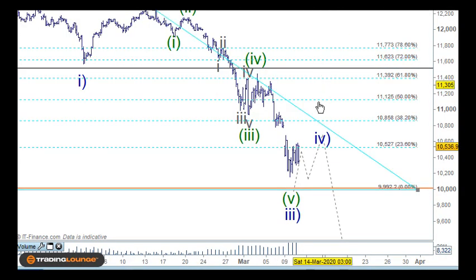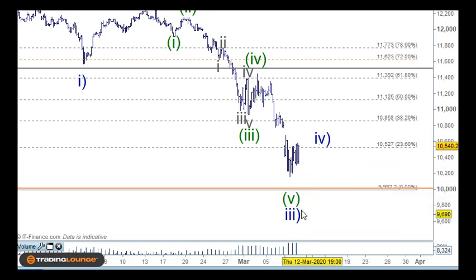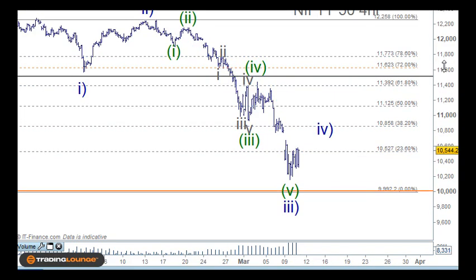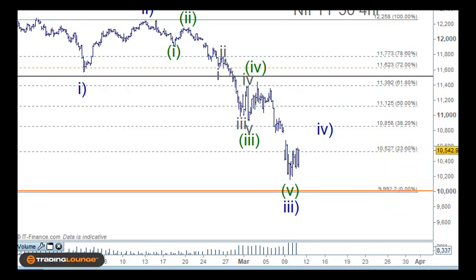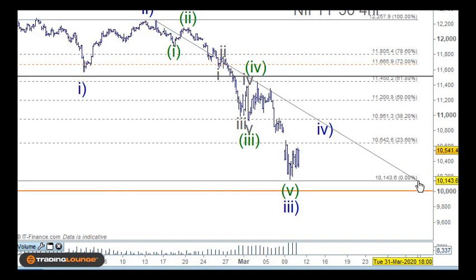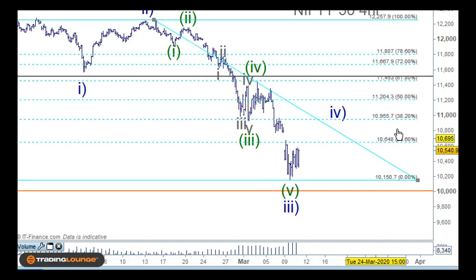So we can call that low in here. Let me just clean this up. We didn't quite get to that level there. This will be a little bit different. I've got a different count on this one. That one sits here.